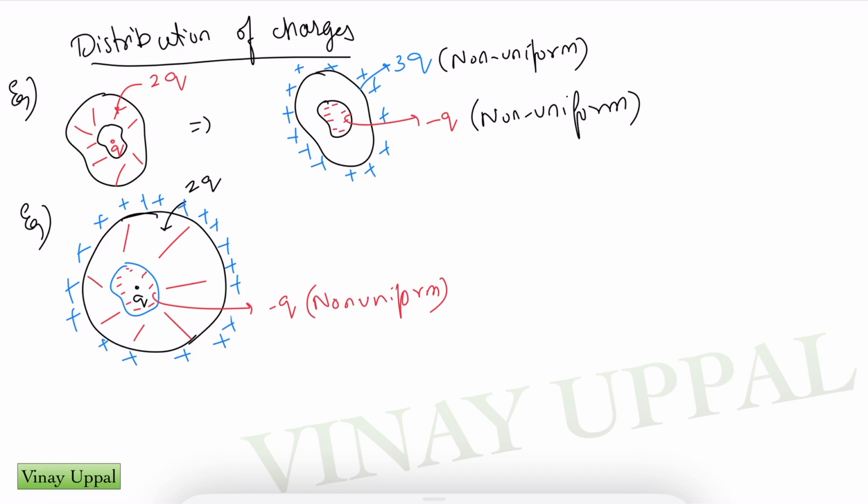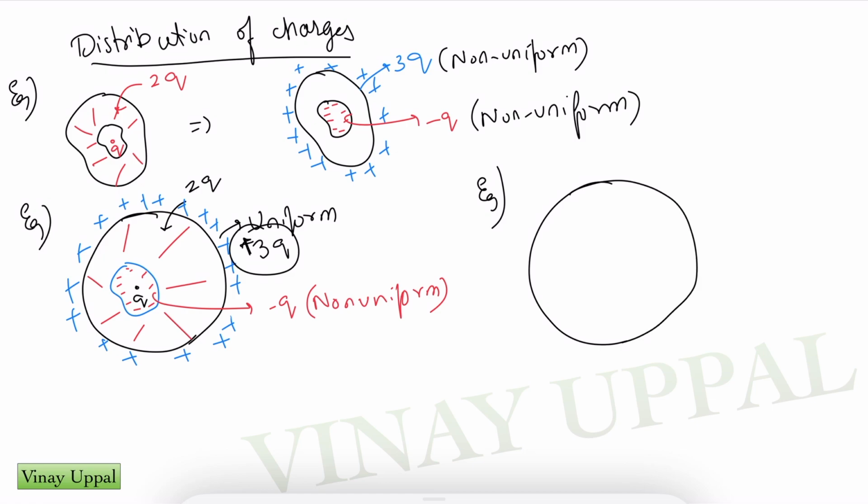And the charge on the outer surface, now the outer surface is a sphere, so charge on that outer surface will be uniformly distributed. And how much charge would that be? That would be 3q.